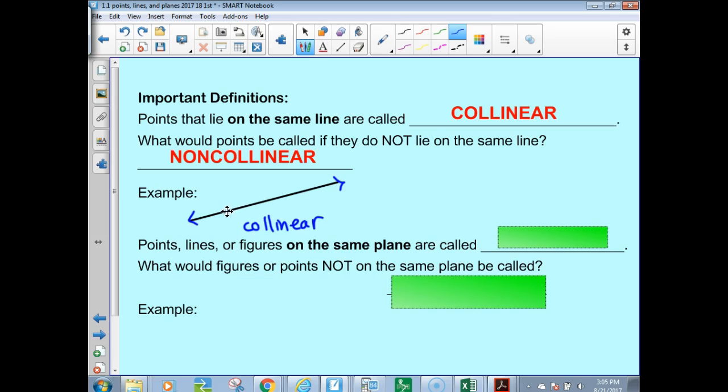Okay, so an example of collinear. Collinear points would be on the same line, so I'm going to make a cat on my line. Those three points are collinear. All on one line. Now I'm going to make an example of non-collinear points.